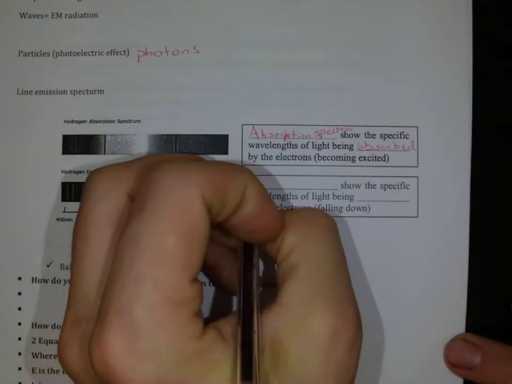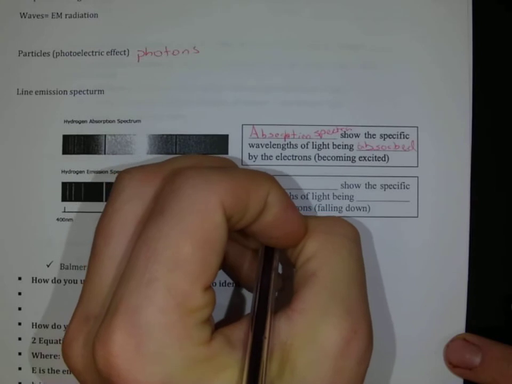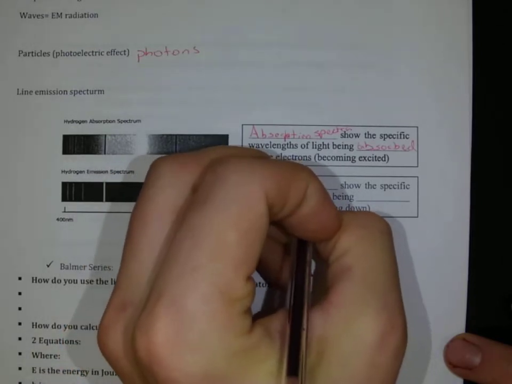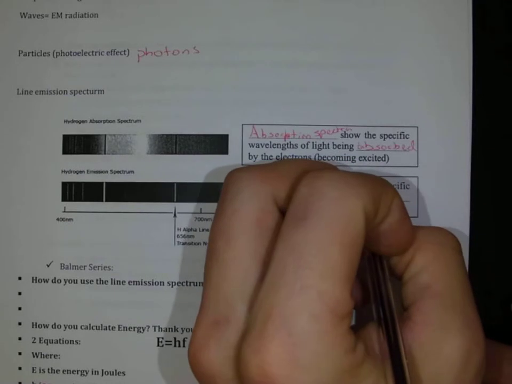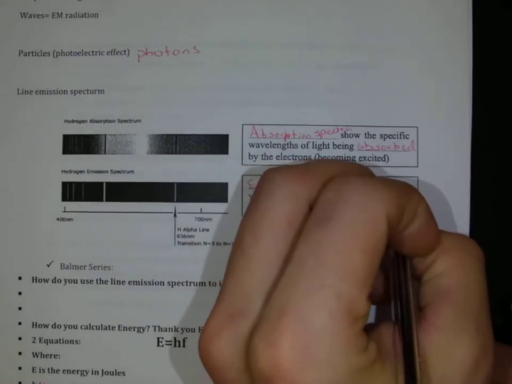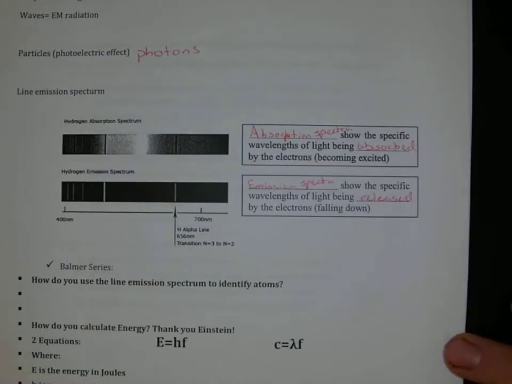So our emission spectra shows the specific wavelengths of light being released. And it relates to our electrons jumping. This is why we know that they are traveling in these quantized orbits.